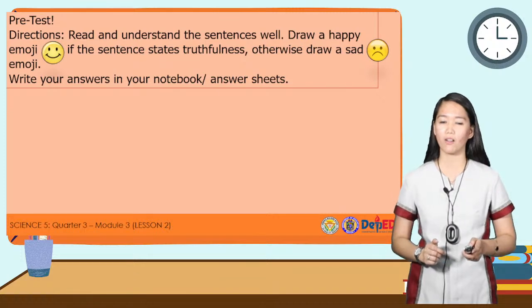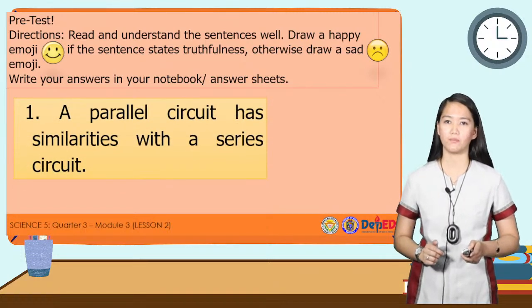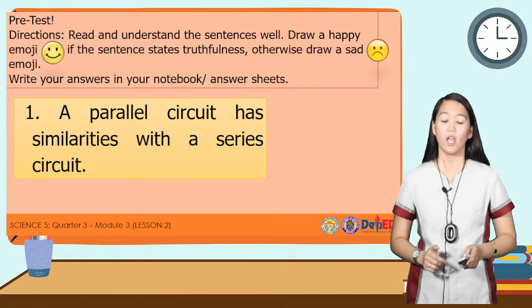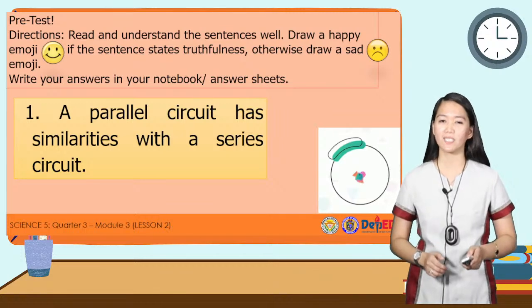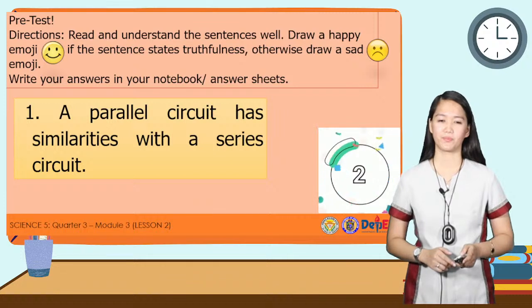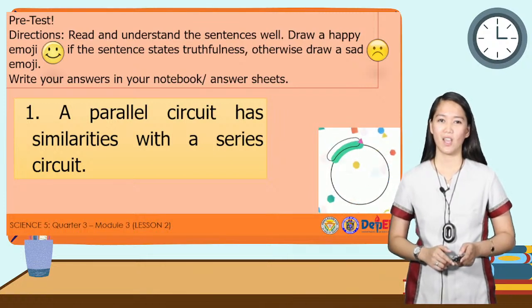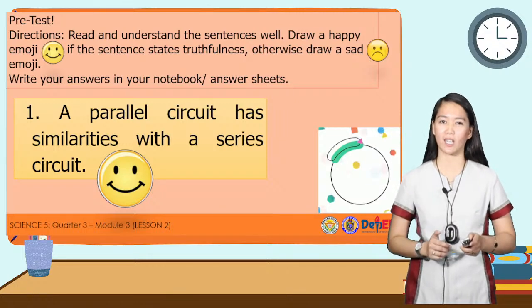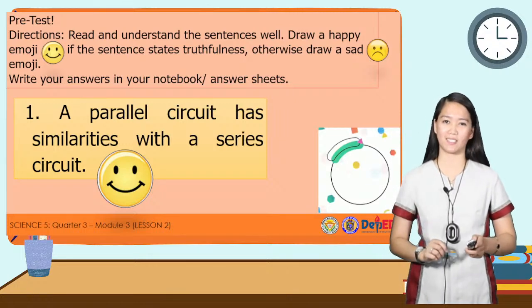Okay, let's start. Number 1. A parallel circuit has similarities with a series circuit. Your time starts now. Okay, so if your answer is a happy emoji, then you are correct.